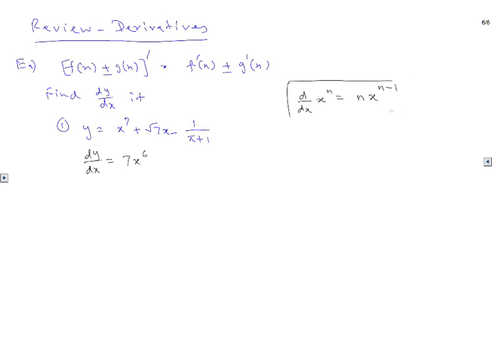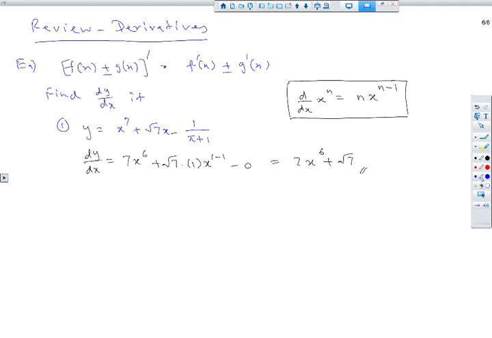From that, we have 7x to the 6th, plus square root of 7, and x means x to the 1, so you get 1 times x to the 1 minus 1, and then minus, this is a constant, so when you have a constant, the derivative is 0. So x to the 1 minus 1 means x to the 0, which is 1. That means your final answer would be 7x to the 6th plus square root of 7. So that's the answer for the first question.